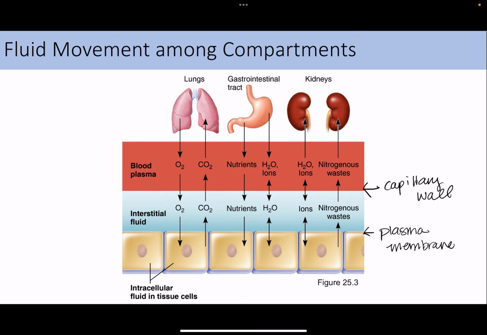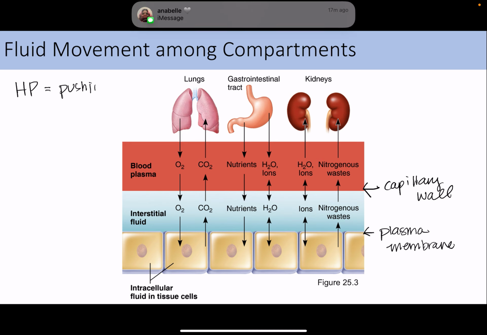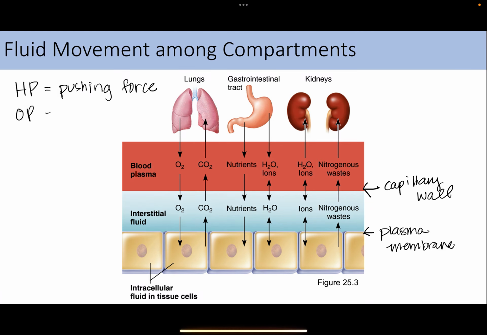What does HP stand for? Hydrostatic pressure, that is a pushing force, usually caused by blood pressure. And what does OP stand for? Osmotic pressure, that's more of a pulling force, the attraction of water towards one area or another.